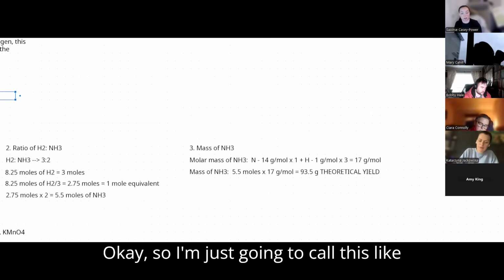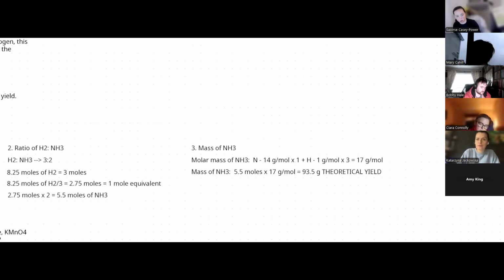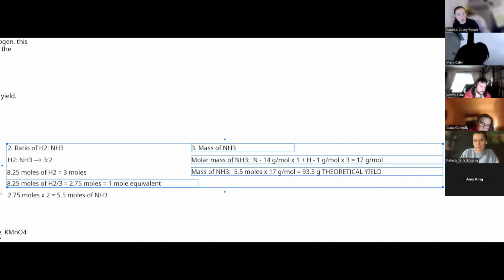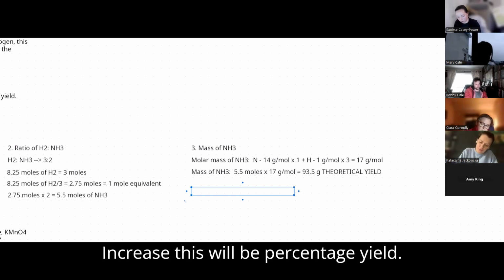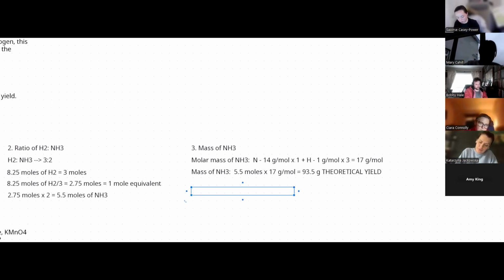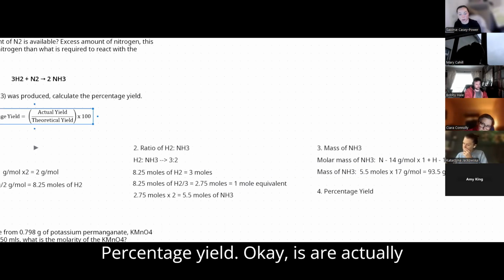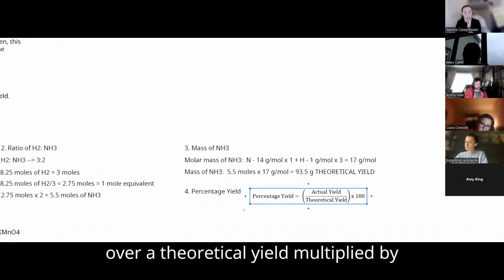I'm just going to call this step 4, percentage yield. I'm just going to write this down. Our percentage yield is our actual yield over our theoretical yield multiplied by 100.